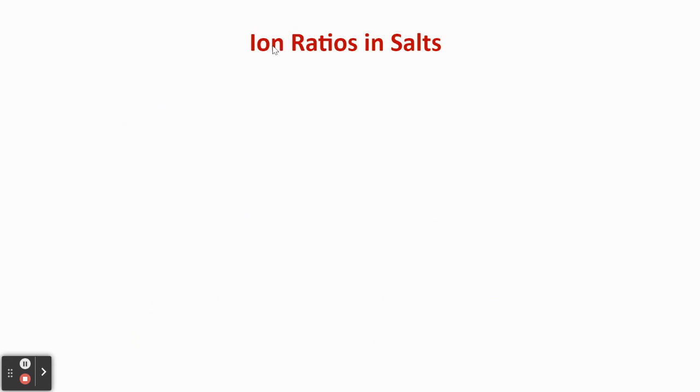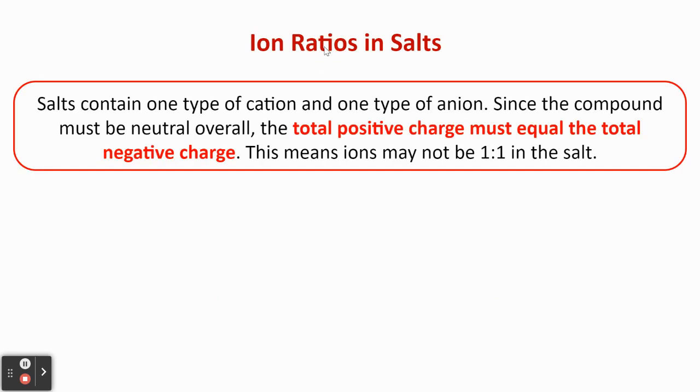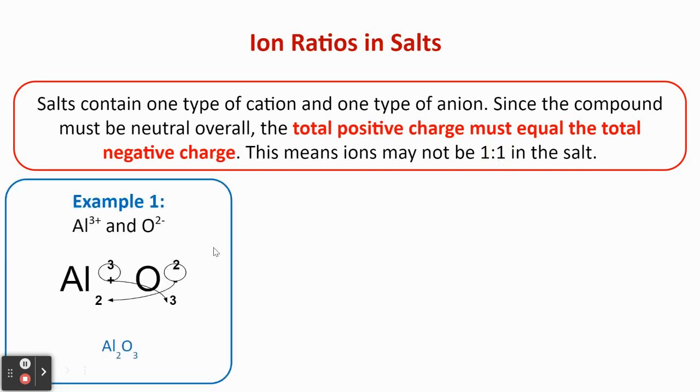So how do we know what the ion ratio is in salts? When we look at salts, they are electrically neutral. That means the total positive charge must equal the total negative charge. So that won't always be a 1-to-1 ratio in salts. So if we were to look at this as an example, we have an aluminum ion, which has a +3 charge, and we have an oxide ion that has a -2 charge.